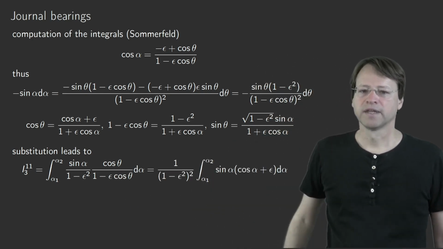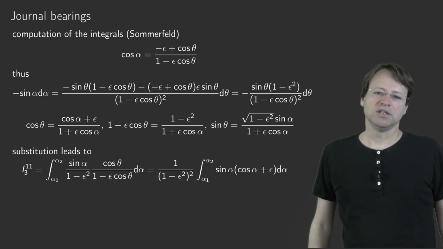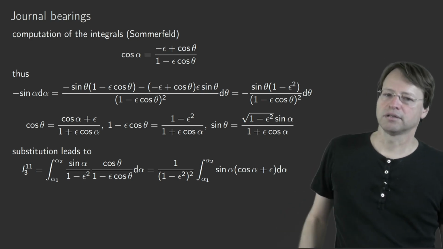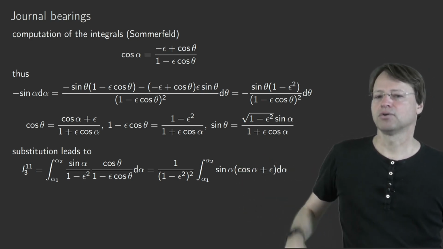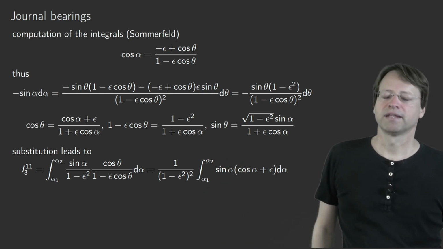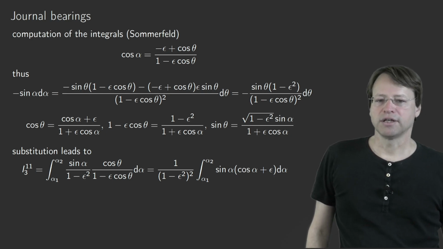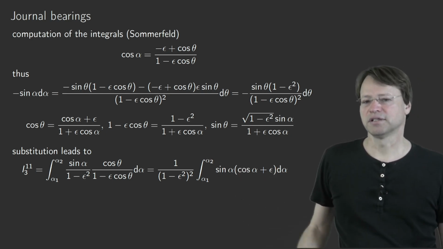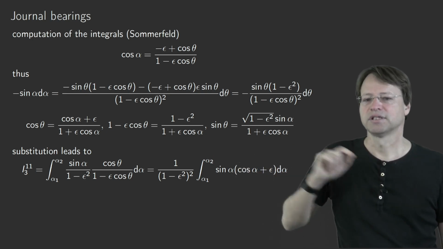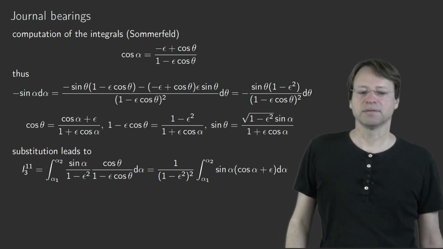Here it is. And now this integral is easy to solve. Either you find it in textbooks or you can do it by hand. A product of sine alpha and cosine alpha between two angles is really easy to integrate by partial integration, for example. And the other integral is even easier, it's a constant times sine alpha, constant with respect to that integration.